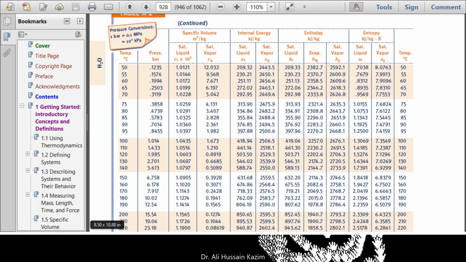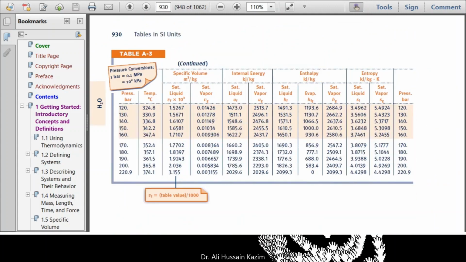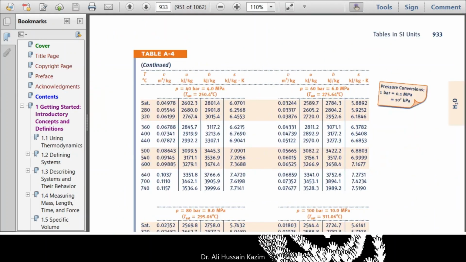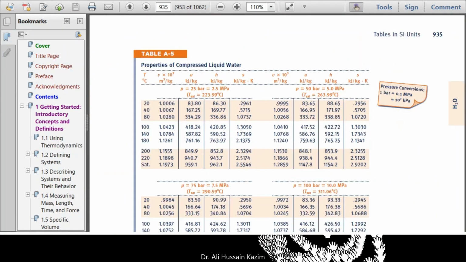But here we are given 40 bar. So our pressure is much higher. So for the same temperature, if the pressure is much higher, which means that we are in the compressed liquid region.